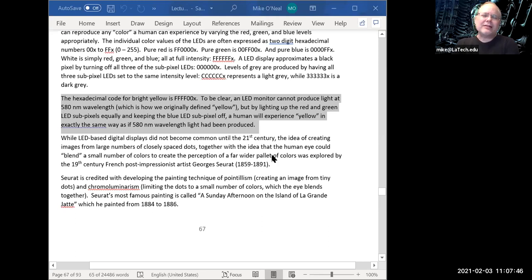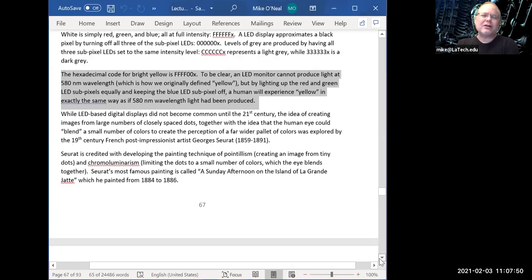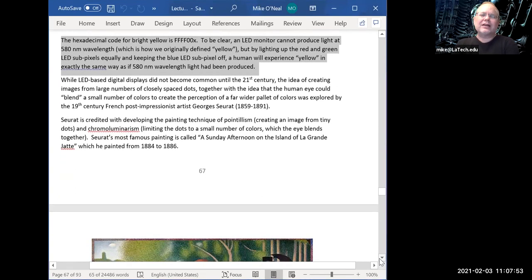So that's monitor technology, and I wanted to take a little bit of time to talk about the idea of colors and computer monitors, and look back in time and see if we can see the genesis of this idea. In the 1800s, people were very interested in color and in color theory, and there was one particular painter, George Seurat.